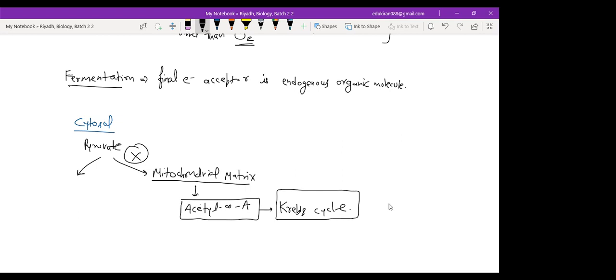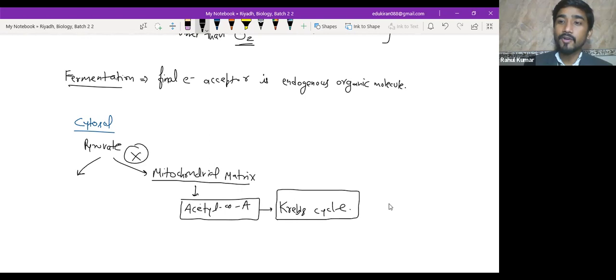Yes, sir. Otherwise it's a waste, because all you will get from the Krebs cycle is lots of NADH and FADH2. But if you cannot do oxidative phosphorylation of them, you will not get ATP. Do you understand?